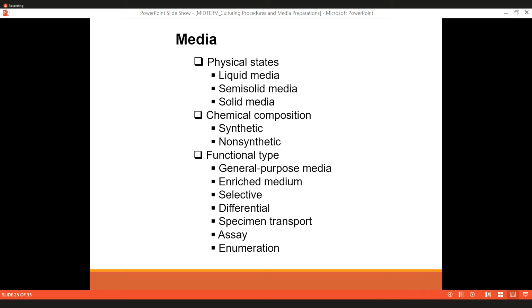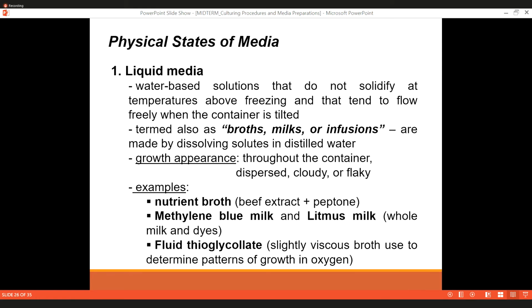So this is the part of our media where we are going to classify them in terms of their physical state, chemical composition, and functional type, or in terms of their purpose. For physical state, for example, the liquid media.